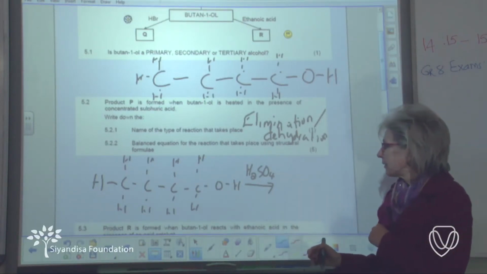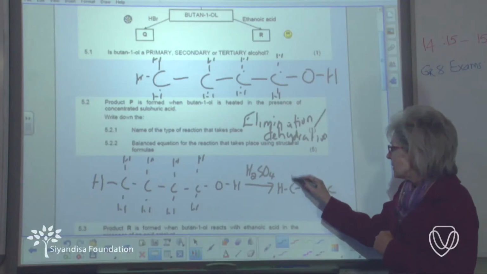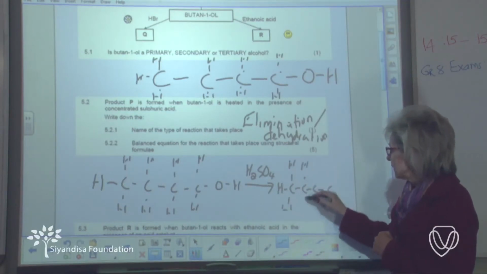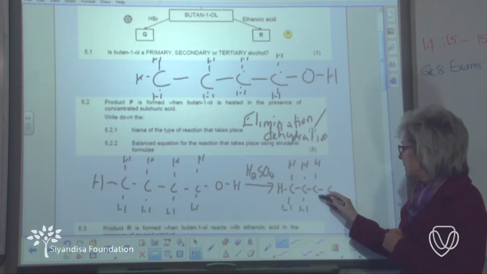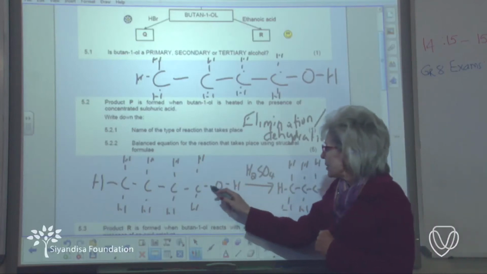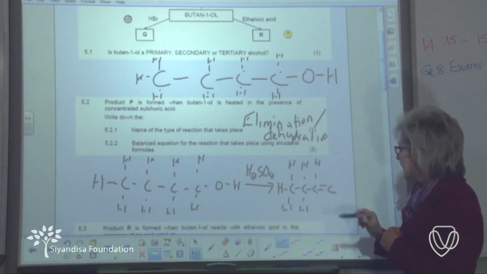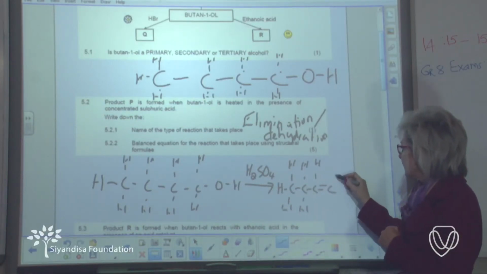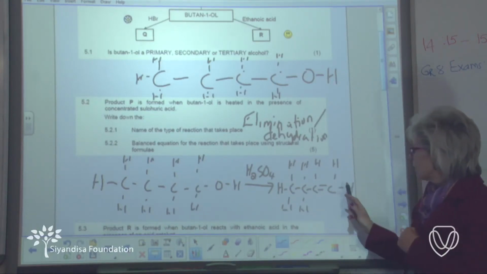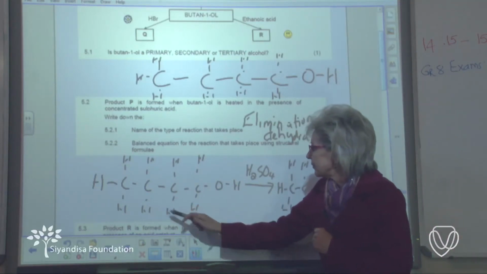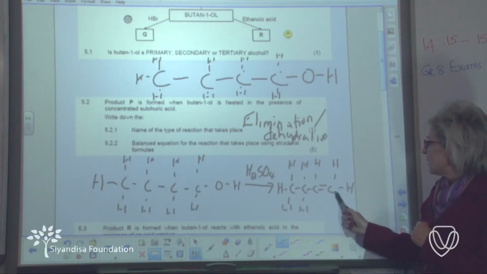Therefore, I simply put it on the arrow. And now I've got hydrogen, and I've got my 4 carbon atoms. And I have to remove water from it, which means OH goes there, and if OH goes, then that bond becomes a double bond there, and now I just need to ensure that I am left over with the correct number of bonds on my carbon. So OH removed from there, H removed from there, and that then gives me this one, which in name would be but-1-ene.